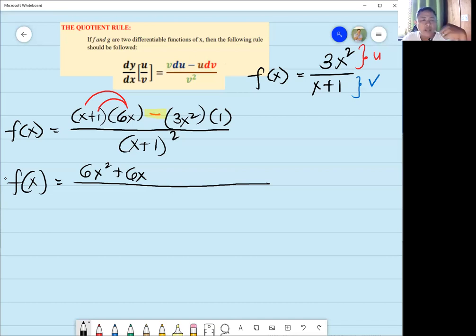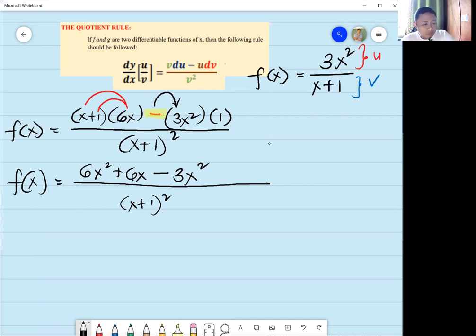So in here, we have to distribute this minus to the terms after the subtraction sign. Since it's only one, 1 times 3x squared is just 3x squared, distribute negative to the term, that becomes negative 3x squared. Okay? Over x plus 1 squared. Let's leave it like that for now so it's not too hard to look at.